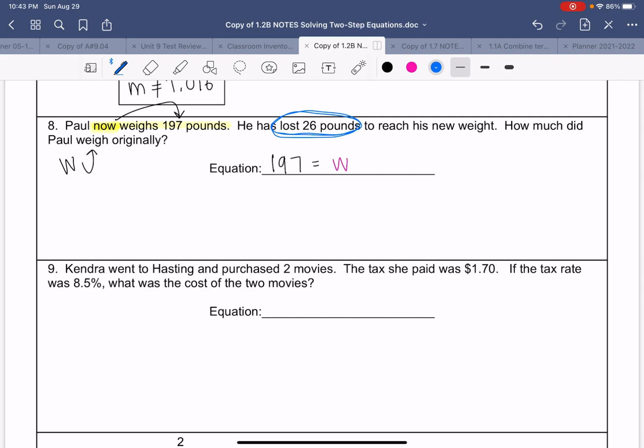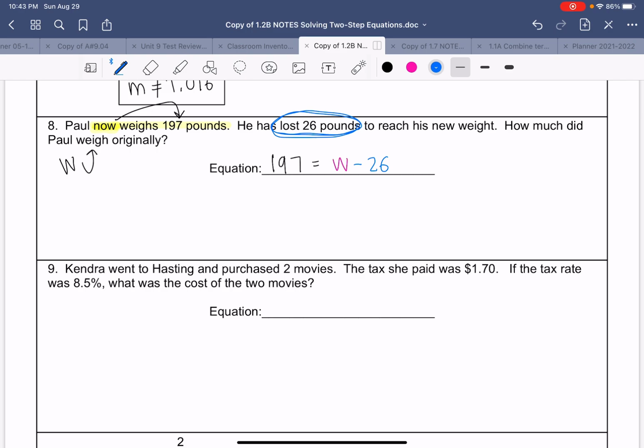You should have thought subtraction. So we know that he weighs 197 pounds now. We want to know how much he originally weighed before he lost his 26 pounds. So that's where I got that equation.